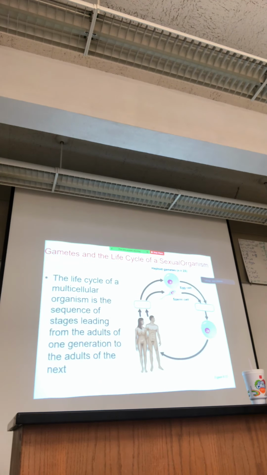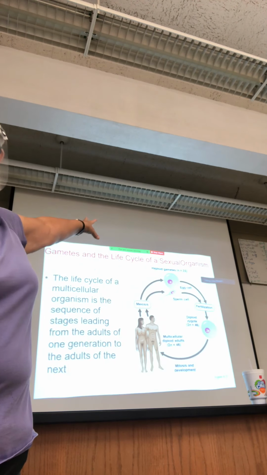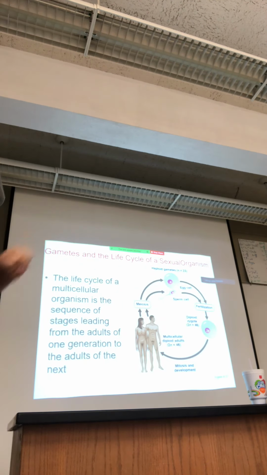So in animals, this is the usual life pattern. This is not the same in plants and fungus. It's different. But we think everything does it this way because we do. So the life cycle of a multicellular organism has different stages.